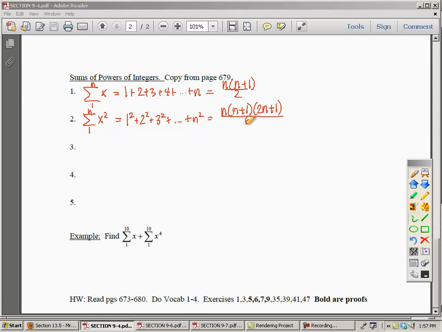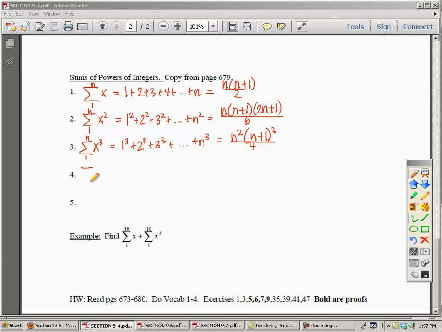Again, I hope these seem familiar to you. Let's do the cubed one, only they call it x instead of i cubed, but it's like saying 1 cubed plus 2 cubed plus 3 cubed all the way up to n cubed. The cubed formula was n squared, n plus 1 quantity squared all over 4.